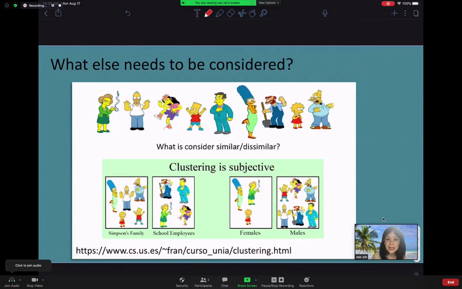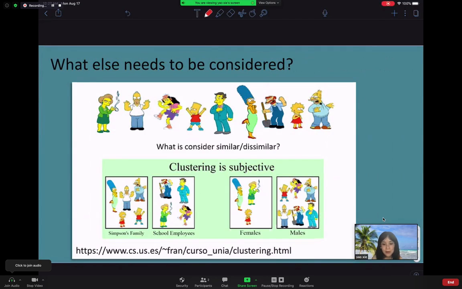And here I give this very interesting example that I found on this website. You can check it out. It's not in English, but you can translate it if you're interested in reading more. These are different characters from the Simpsons family. As you can see, if I want to group these characters into groups, depending on your metric, you could group them differently.